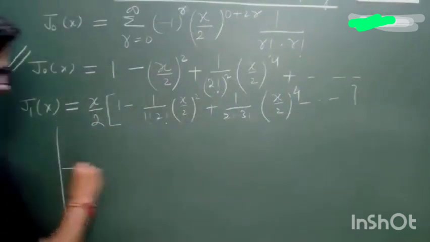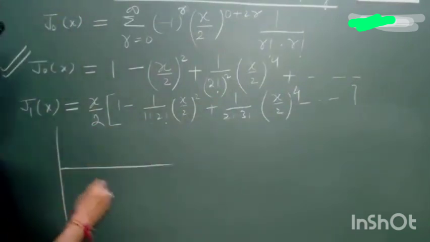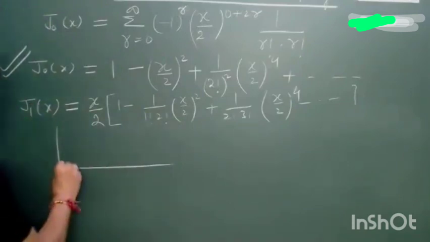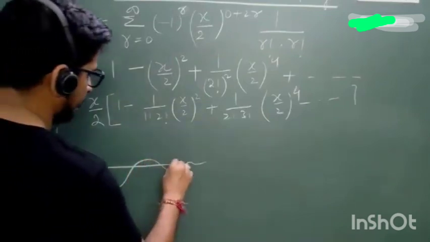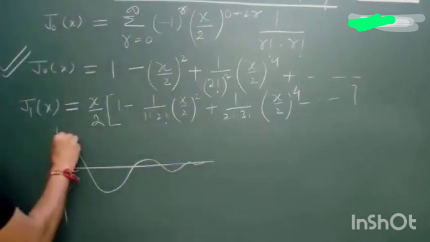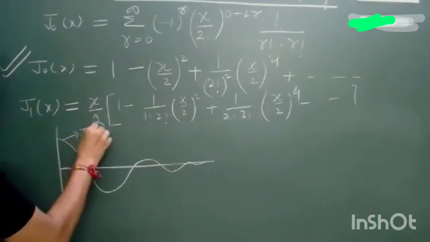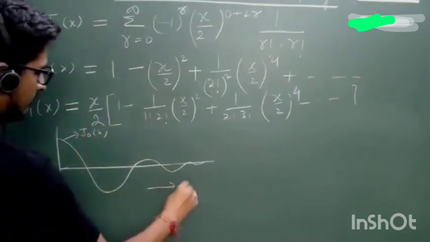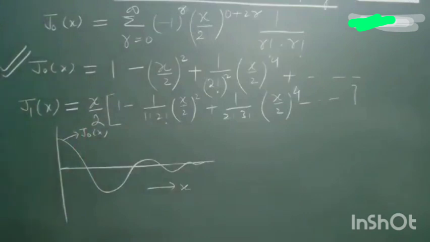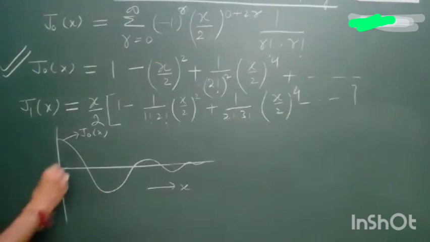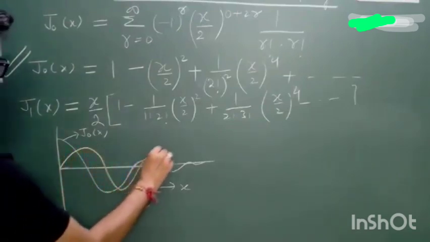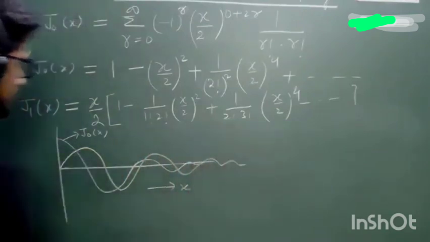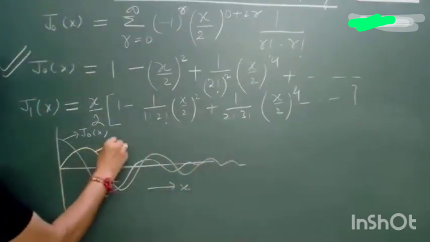Now if I plot this J0 and J1, J0 is like this. This is J0 with respect to x. The value of J1 is like this. This is J1.